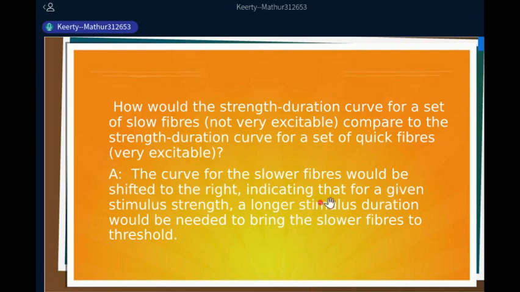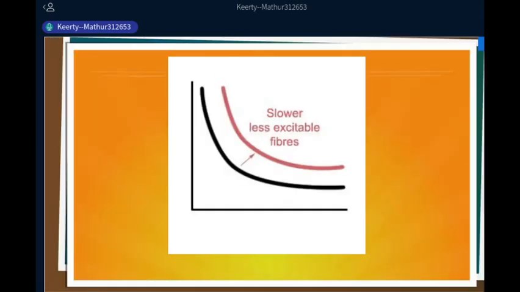The curve for the slower fibers would be shifted to the right, indicating that for a given stimulus strength, a longer stimulus duration would be needed to bring the slower fibers to threshold. So if there is right shifting of the graph, it indicates a slow or less excitable fiber, and if a graph is shifted towards the left, it indicates a more excitable muscle fiber.